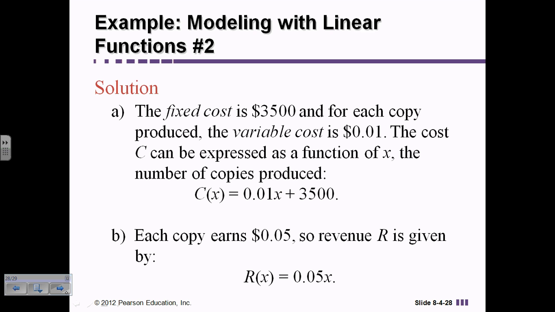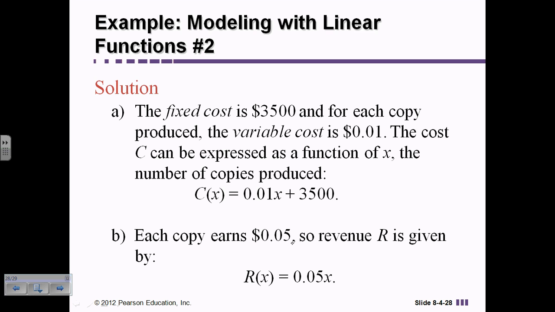So that's what we're looking at again on the next page. The cost is $3,500. The variable cost is 1 penny per piece of paper. So x represents the number of copies. So 1 cent per copy plus the $3,500 is his cost.